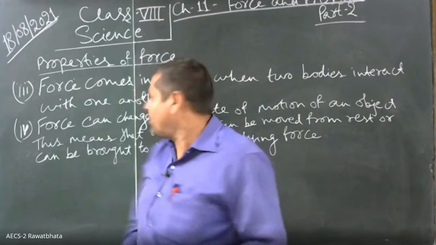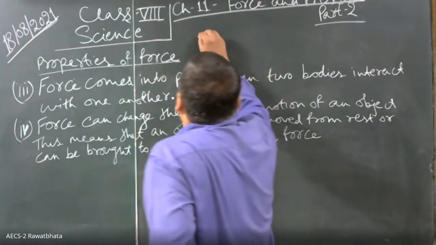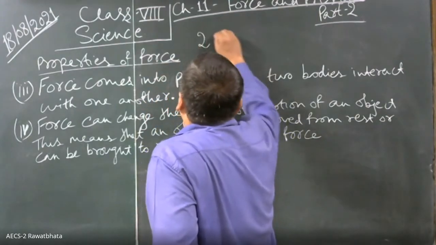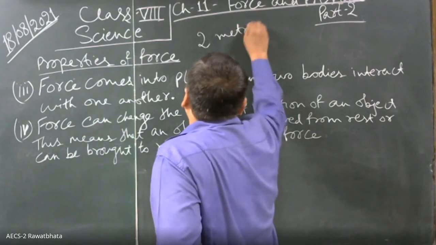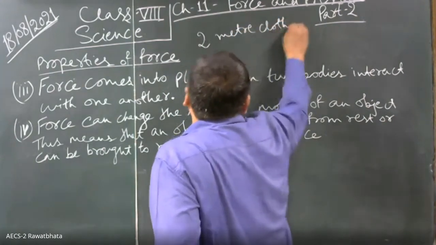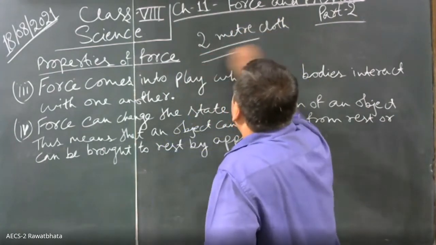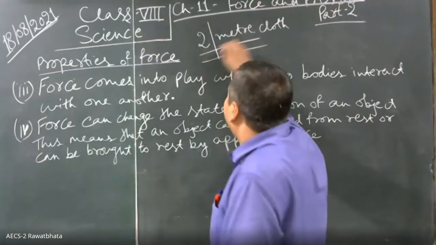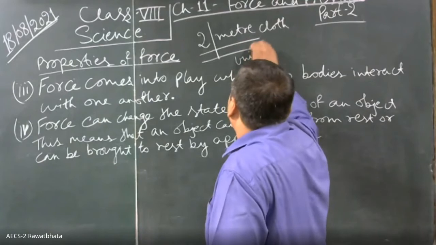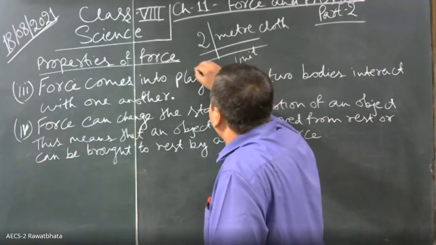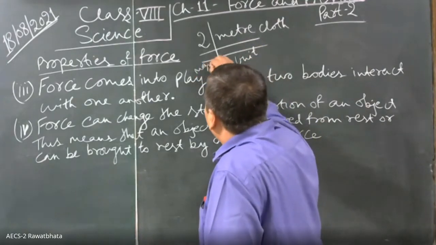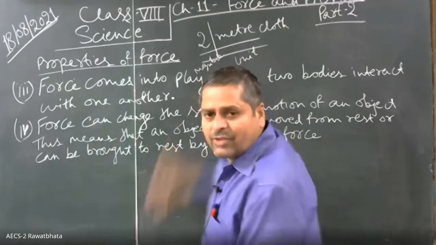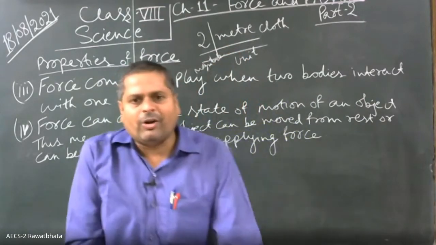What do you say? You say we need 2-meter cloth. So the measurement includes two things. One is the number, that is called magnitude, and the other is the unit. So this is called magnitude. Shubham, is it clear or not?